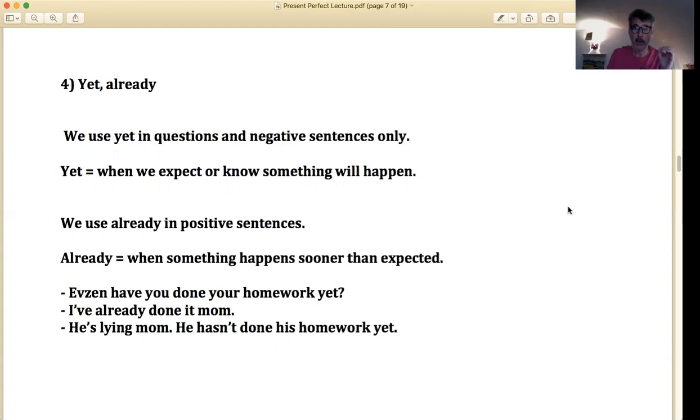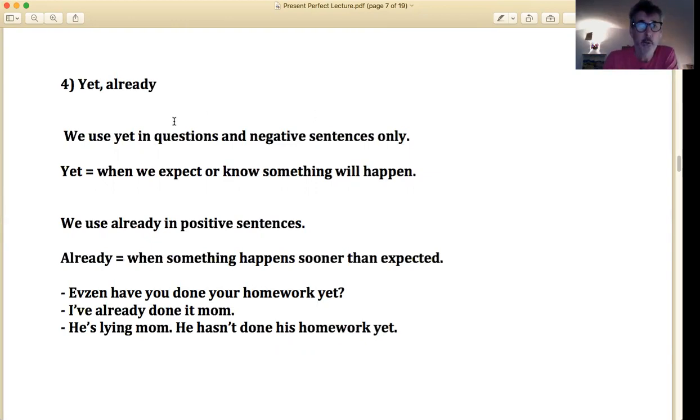And I see Bill's girlfriend and I say, has Bill bought the ticket to Greece yet? So I know that he's going to buy that ticket. And his girlfriend says, no, he hasn't bought it yet. But in that sentence, it's implied that we know he's going to buy it.